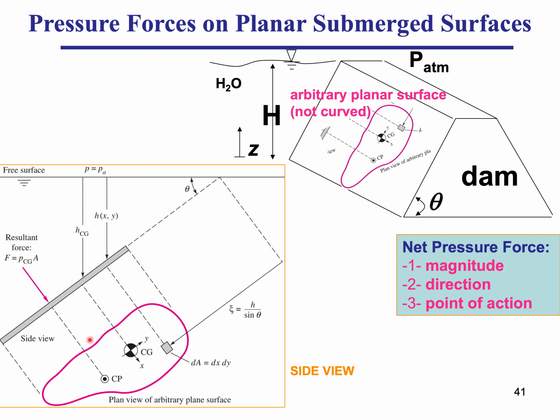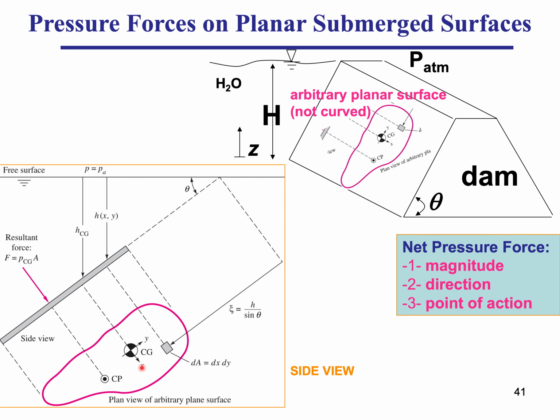So these are two different views. One is the top view, which is the pink contour, and here is a side view, the edge view, where you see just a flat line. Okay, so these are two different views.